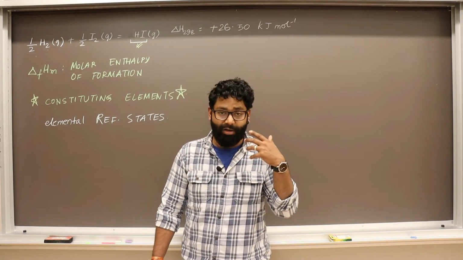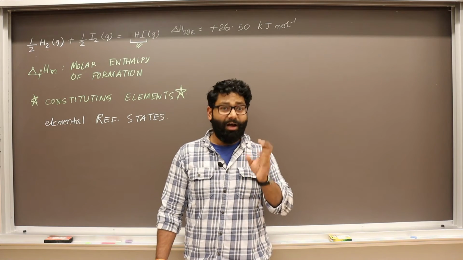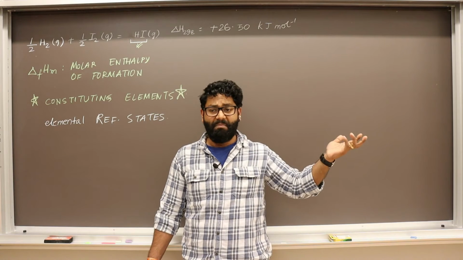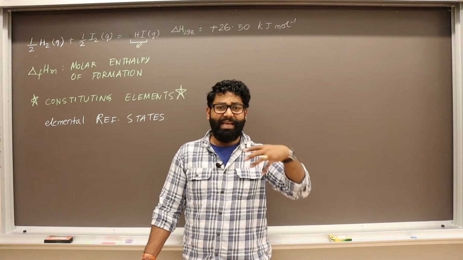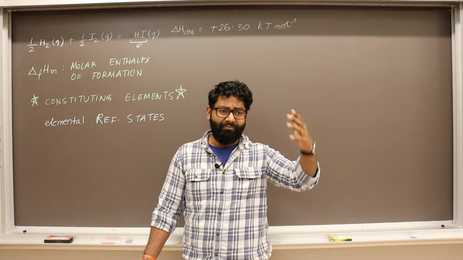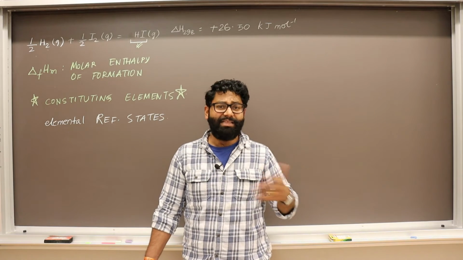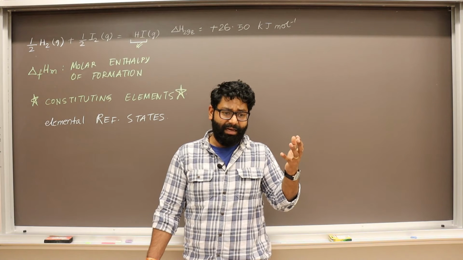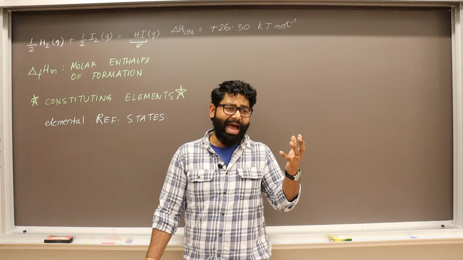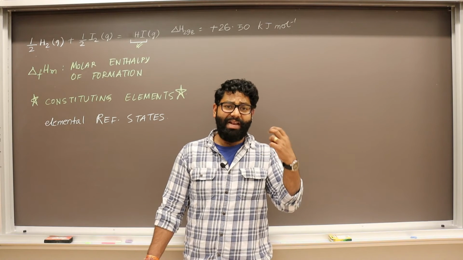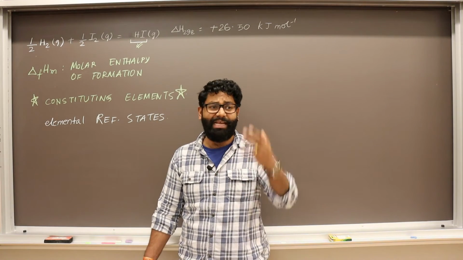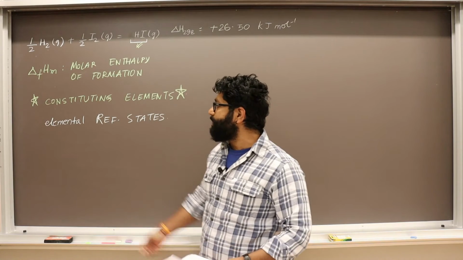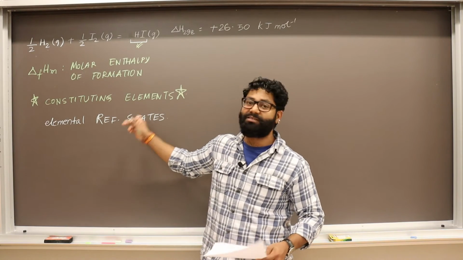Is it O2 gas, or is it an oxygen atom, or some other form of oxygen in some different kind of state? The same goes for iron. Is it iron gas, or iron liquid, or iron solid? If it is solid, then what kind of solid? These are the questions that will be answered in elemental reference states.